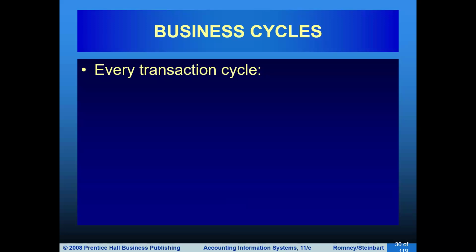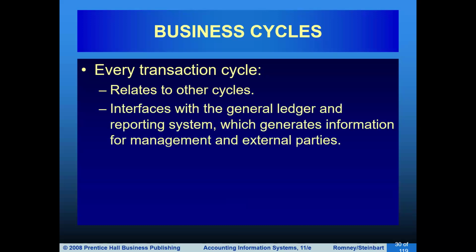Every transaction cycle relates to the other cycles. For example, the production cycle produces the goods, and the revenue cycle sells those goods. Interface with the general ledger, because finally reporting is very important. We have the general ledger and reporting cycle as well, because all these are connected and record all transactions.